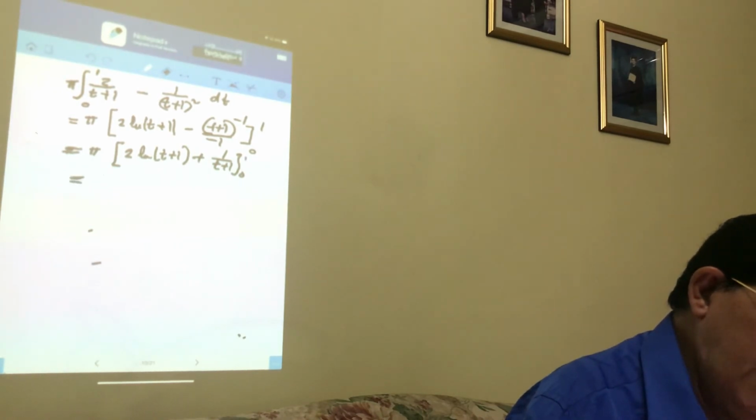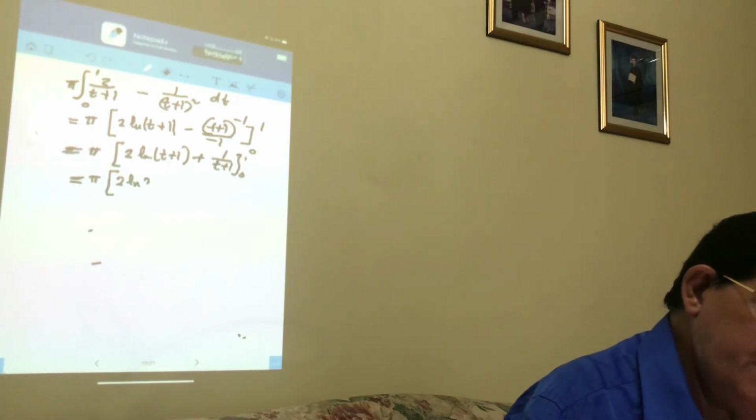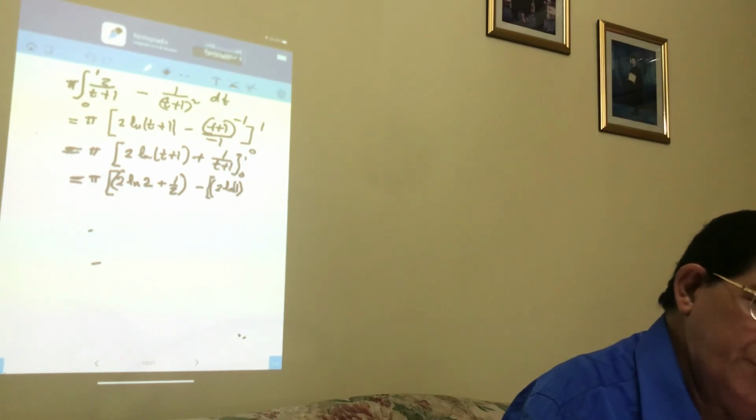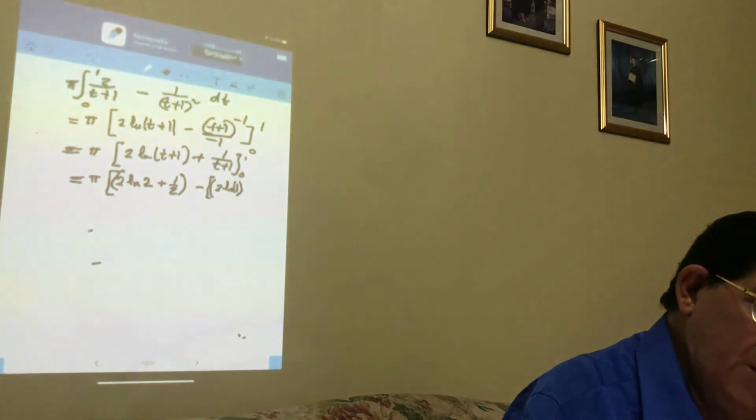We substitute 1 first: 2 ln 2 plus 1 over 2, minus, for 0: 2 ln 1 plus 1 over 1.